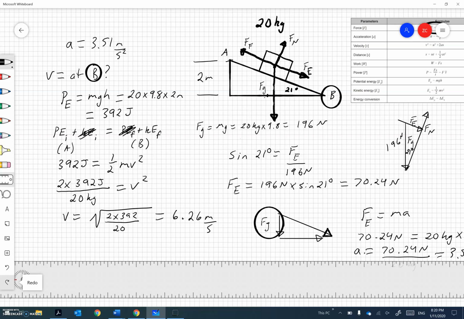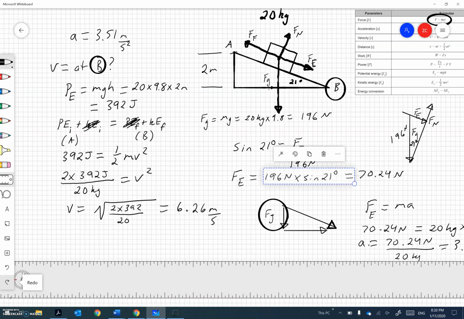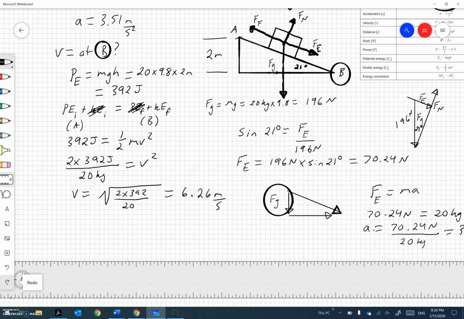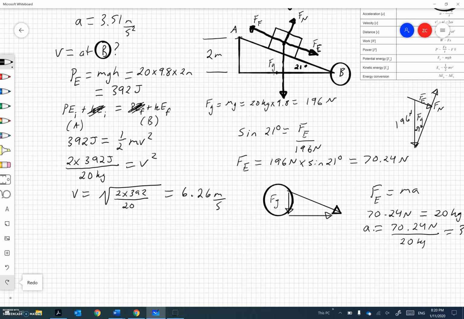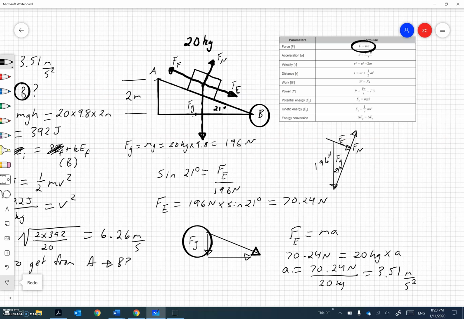How about if I wanted to know how long did it take to get from point A to point B? Let's have a look at that problem. How about time to get from A to B? So let's look back at our formulas.